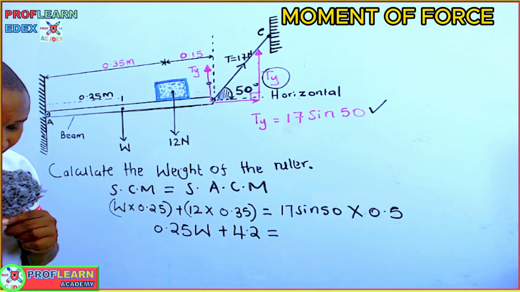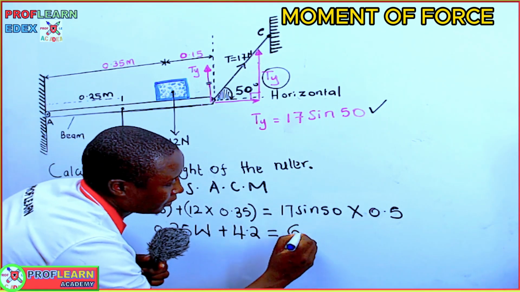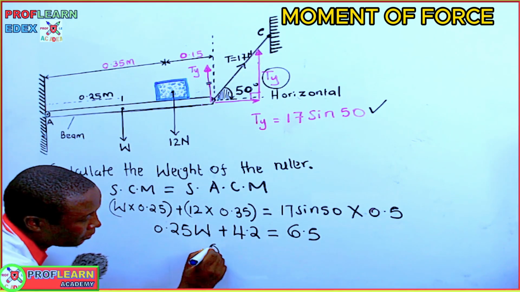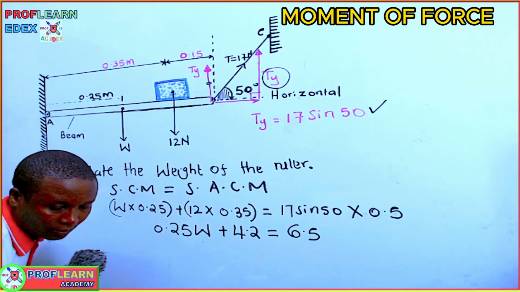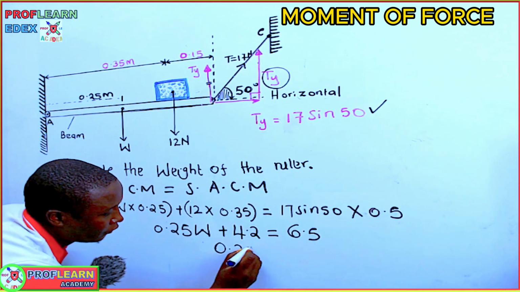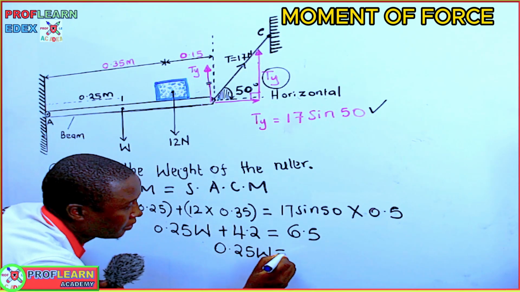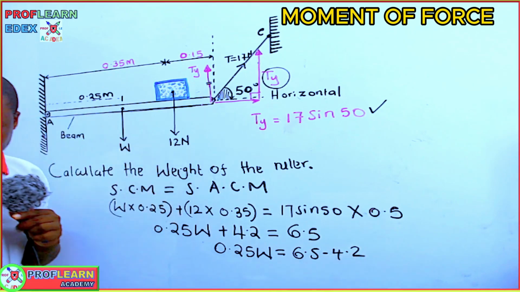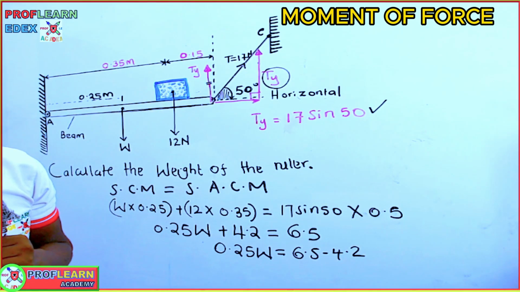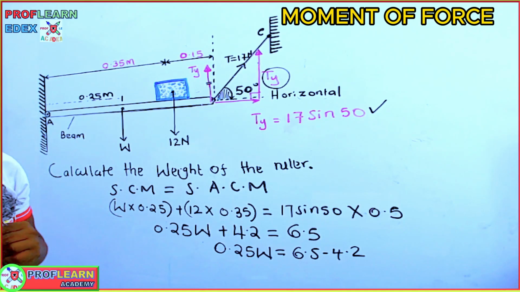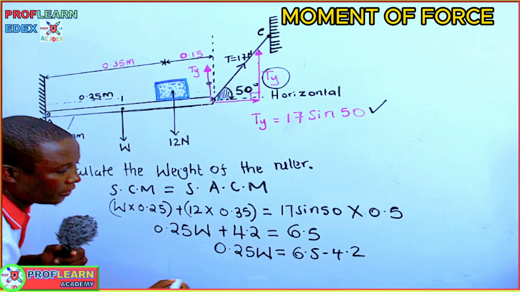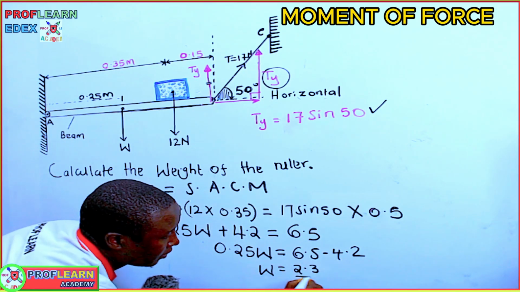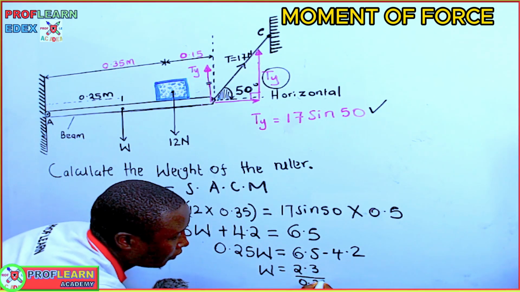That translates to 6.5. Therefore, 0.25 W equals 6.5 minus 4.2. Subtracting this, we get 2.3. So W equals 2.3 divided by 0.25.